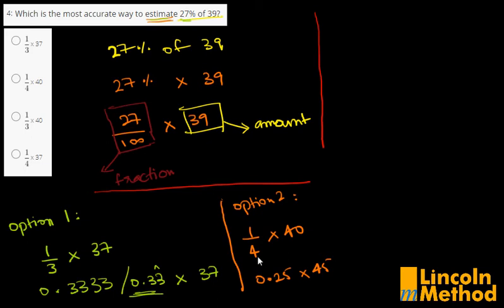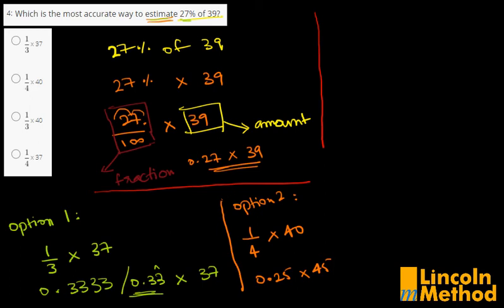I hope you remember it. And I'm also going to write this down as a percentage so that it's easier for you to compare. So 27 over 100 is 0.27. The decimal point moves 2 places towards the left, so 0.27 multiplied by 39. This is what we need to find, and we have already discussed two options.